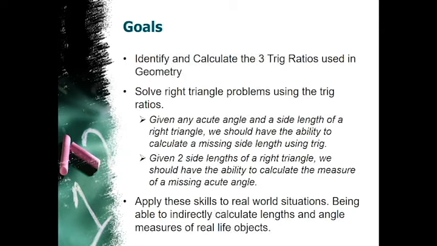If we are given any acute angle and a side length of a right triangle, we should have the ability to calculate a missing side length using trig. And if we're given two side lengths of a right triangle, we should have the ability to calculate the measure of a missing acute angle. And finally, we need to be able to apply these skills to real-world situations, being able to indirectly calculate the lengths and angle measures of real-life objects.